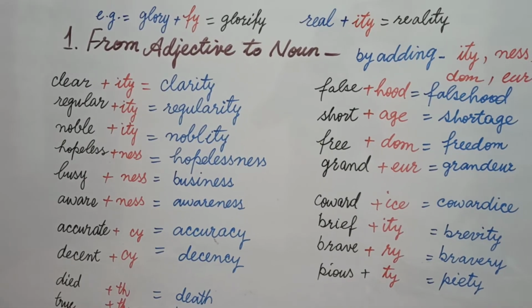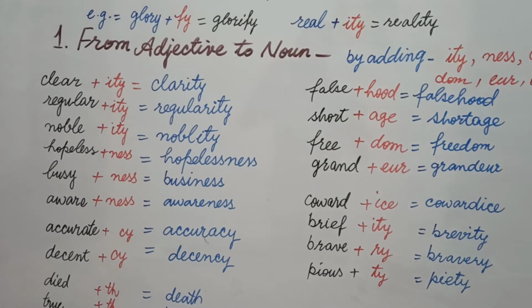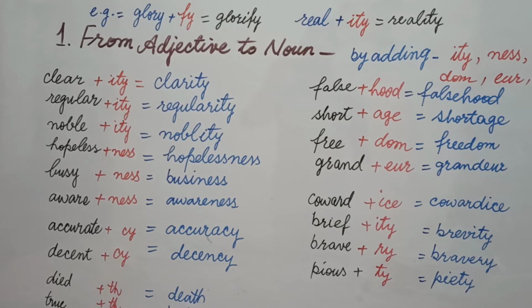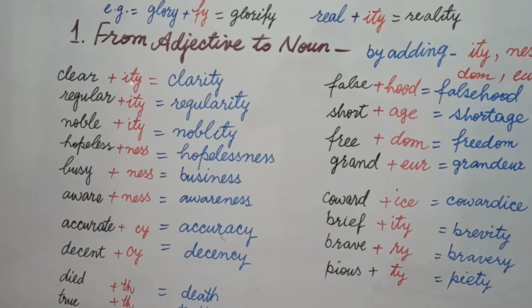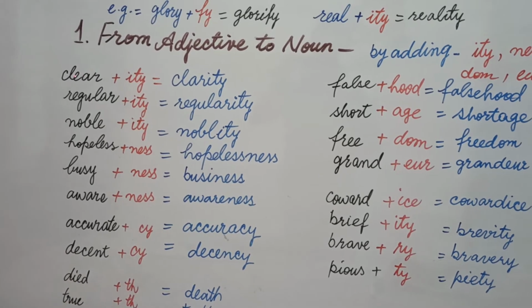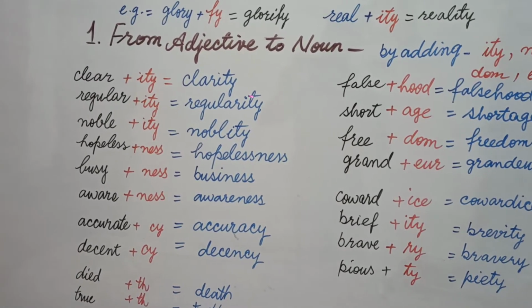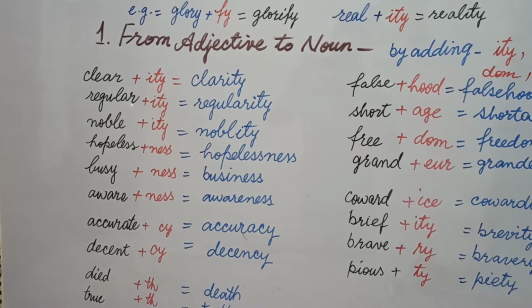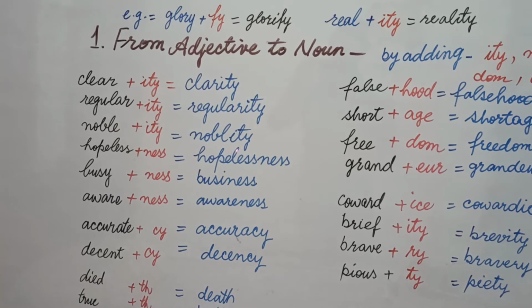Clear is the quality of the sky. Clear mind, regular student. In this way, regular is an adjective, and we add ity to these words, and they become clarity, regularity, nobility.